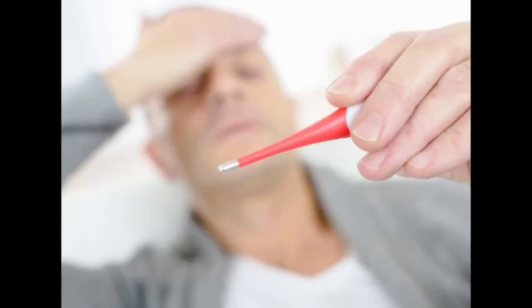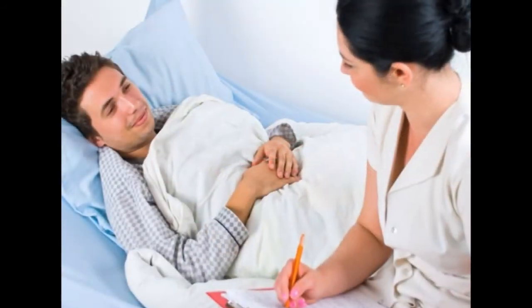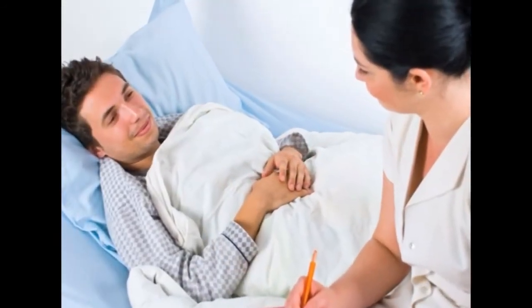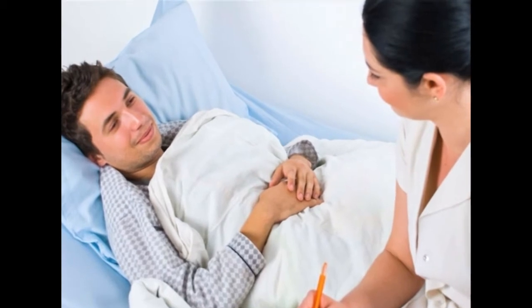Now fever of unknown origin, where we don't know why the fever has occurred, is defined as a febrile illness lasting more than 3 weeks with temperatures which exceed 38.3 degrees centigrade on several occasions, and they lack a definitive diagnosis after 1 week of evaluation in the hospital.